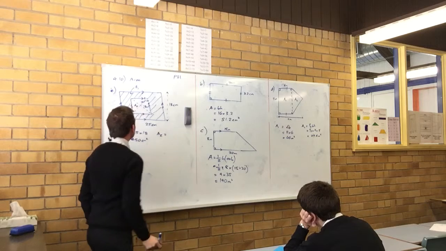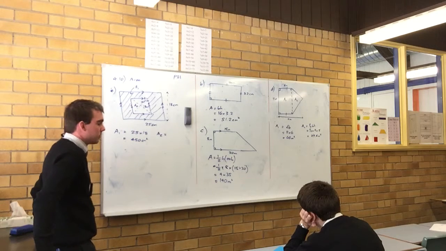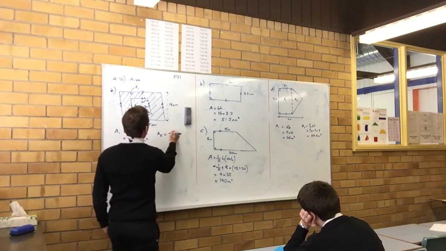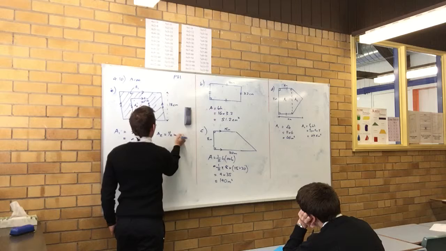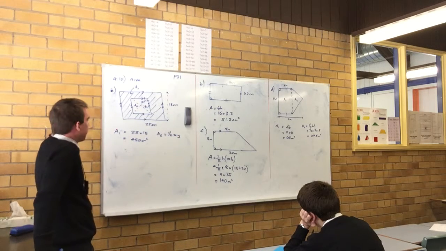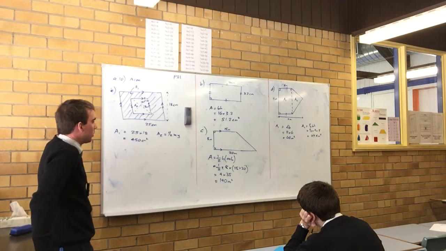Alright, so area 2. We've got enough information for the kite, and the kite and the rhombus have the same formula anyway. The formula is half times the product of the diagonals. So in a kite and a rhombus, you require the length of the diagonals inside the shape for the formula.